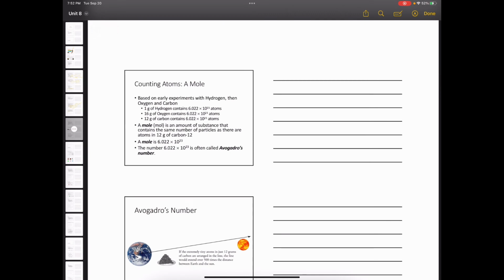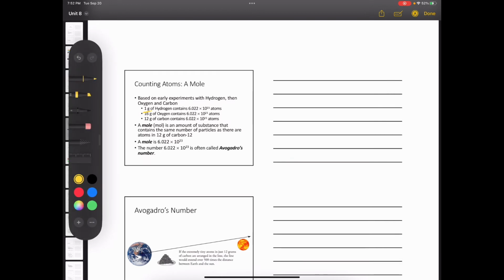So when we're counting atoms, based on early experiments with hydrogen and then oxygen, then carbon, it was determined that 1 gram of hydrogen contains 6.022 times 10 to the power 23 atoms. Now, what does this number represent? 1 mole, right?